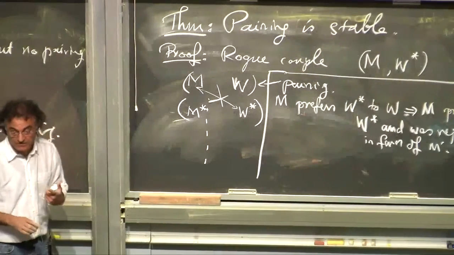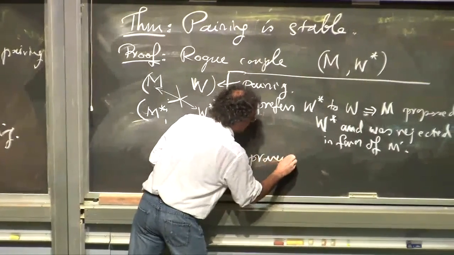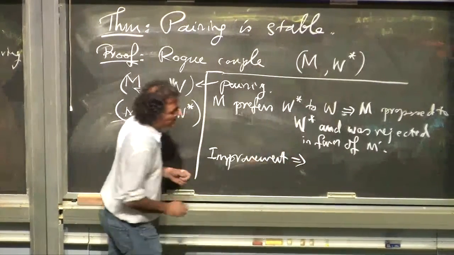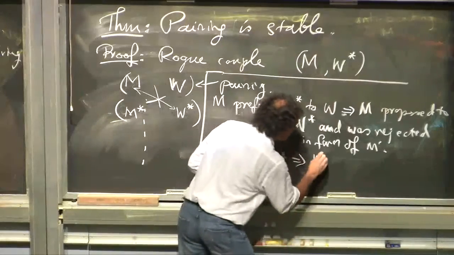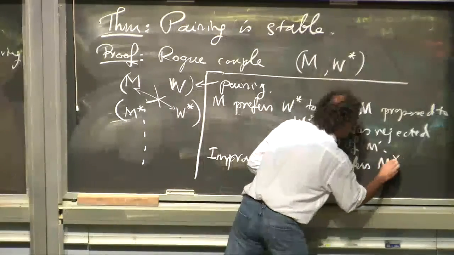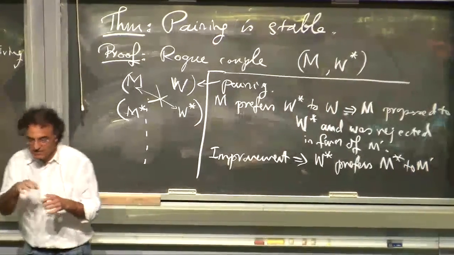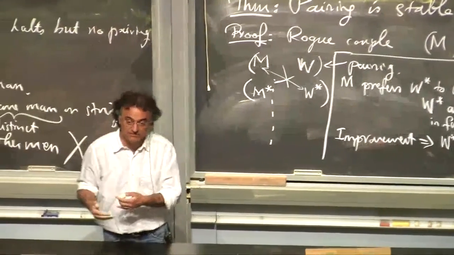Now, by the improvement lemma, this implies W star prefers M star to M prime, meaning greater than or equal to, at least as much as M prime.